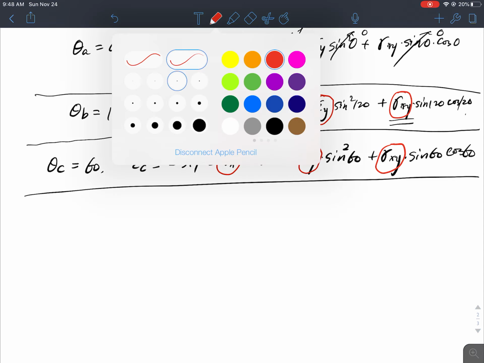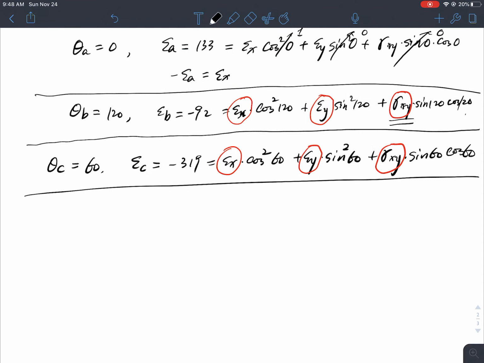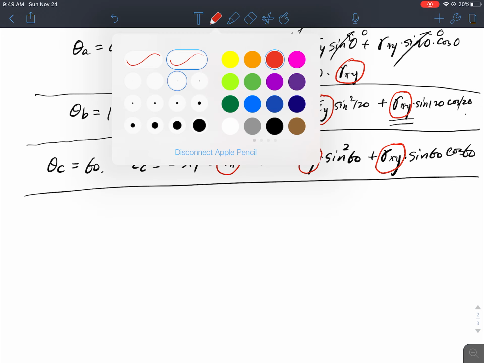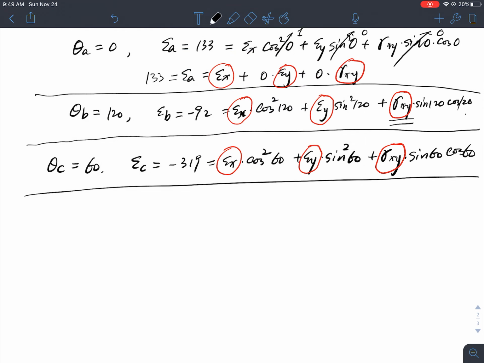Okay, and I'm going to add this one as 0 multiplied by epsilon y plus 0 multiplied by gamma xy. Okay, so now here's unknown, unknown, unknown. Okay, all right, so here we go, right?